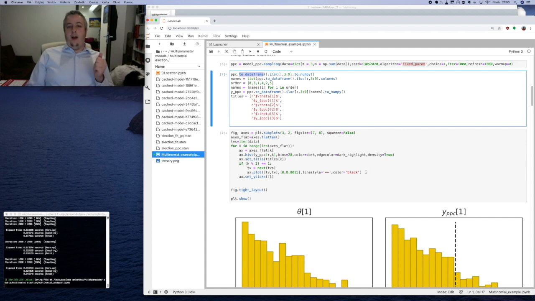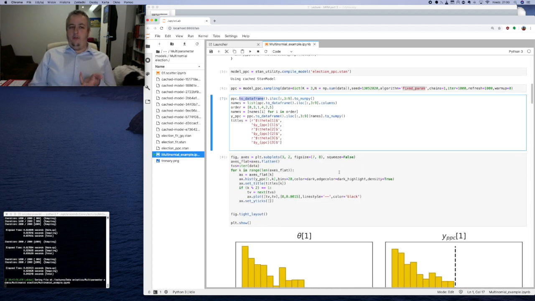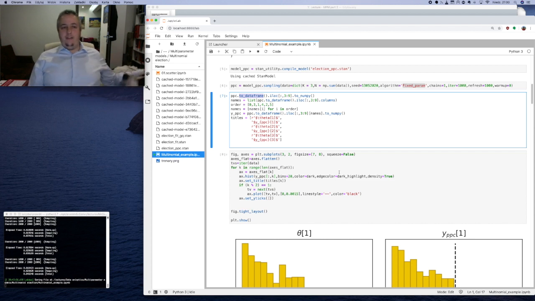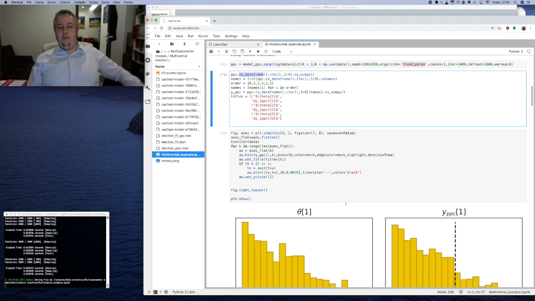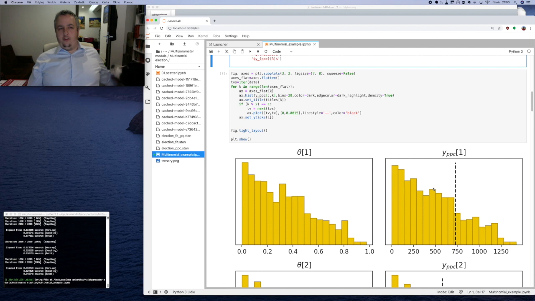So let's look at the histograms. We generate the histograms of all our variables, and our variables of interest will be probabilities theta 1, 2, and 3, and corresponding to them the simulated number of outcomes in each category.